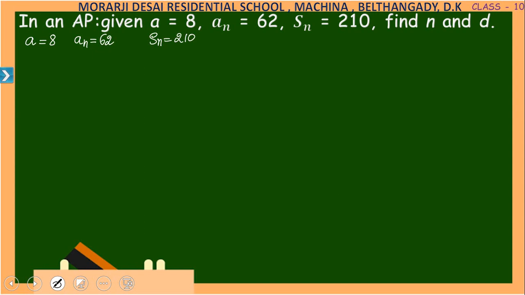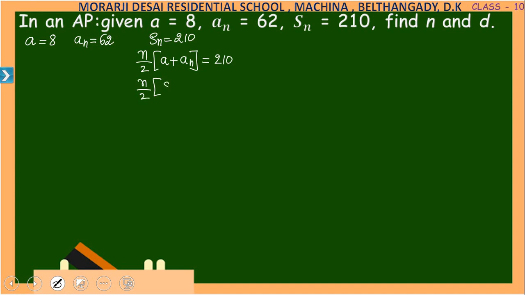Can we apply the formula Sn is equal to n by 2 into a plus an? We have a, an, and we can find the value of n. So we apply the formula Sn is equal to n by 2 into a plus an is equal to 210. n we don't have, write as it is.